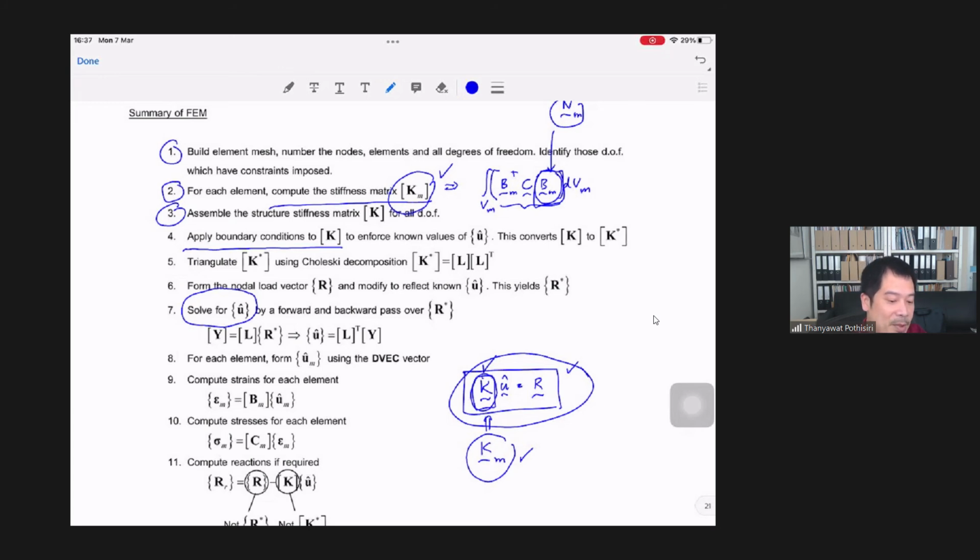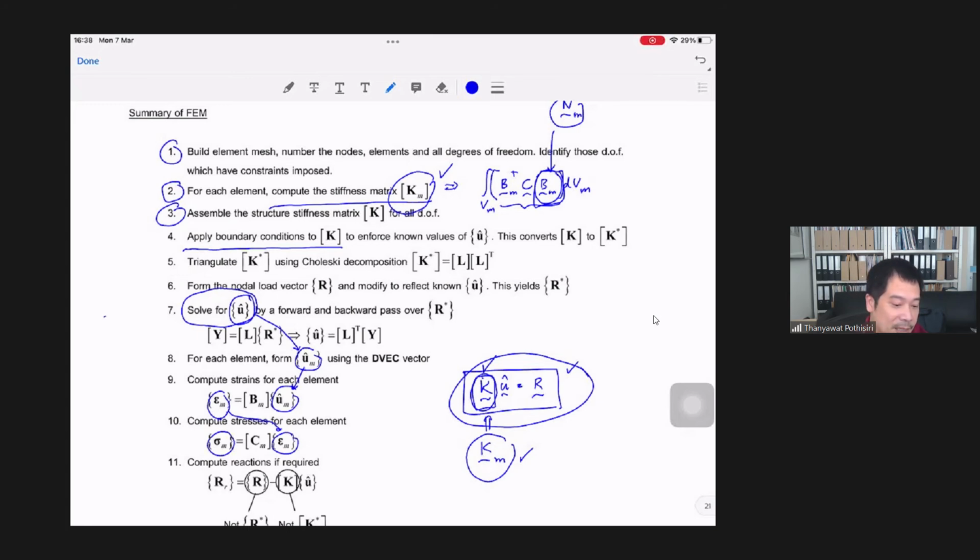For example, from the nodal displacement of the structure, you can obtain the nodal displacement of the elements and then use this to compute strain within each element, and then use the obtained strain to compute stress within each element.